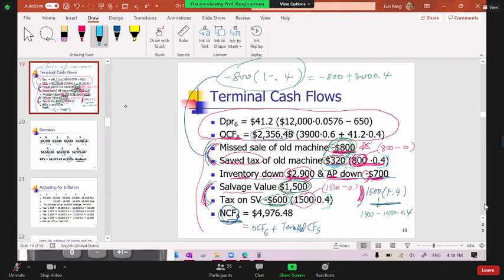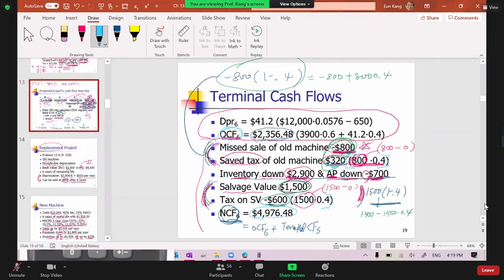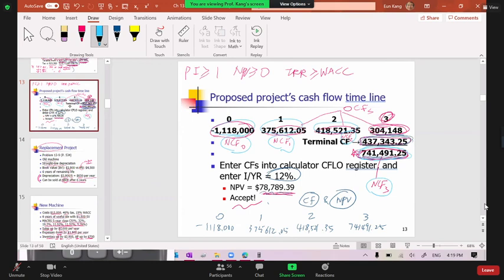Professor, can you please show again how you got 4,976.48? Oh, this one is nothing more than adding all cash flows, including OCF6. It is exactly the same as new project analysis. In the terminal year, you not only have OCF, but also terminal cash flows, right? So we have a quiz at 420. A quiz?